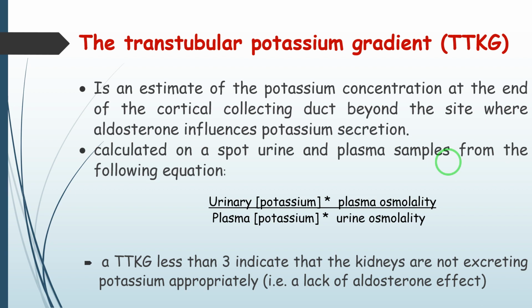If we find hypokalemia or any abnormality, we can give a rough estimate whether the cause of the defect is in the renal or extrarenal mechanism, and then we do the transtubular potassium gradient, and for this we need to measure the plasma potassium and osmolality and the urine potassium and osmolality.